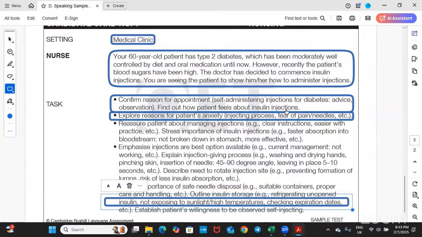Yes, nurse, I have a lot of fear. Since childhood, I have rarely taken injections, maybe 2 or 3 instances. I'll avoid taking injections as far as possible. So I'm a little scared.